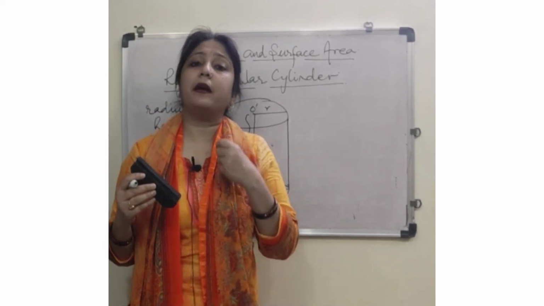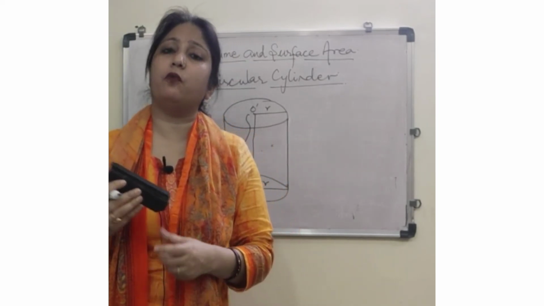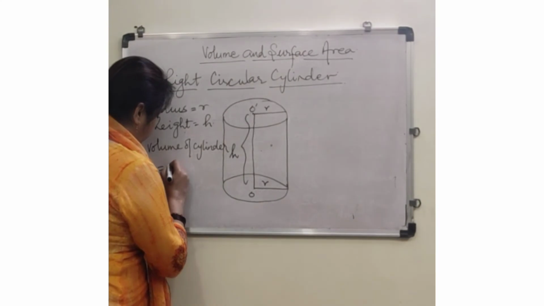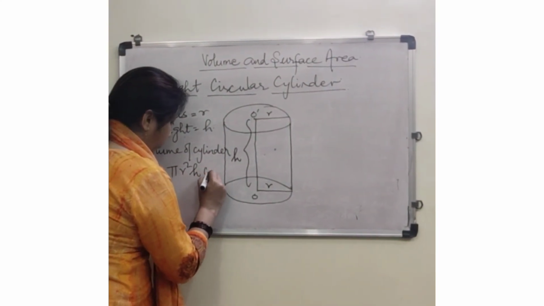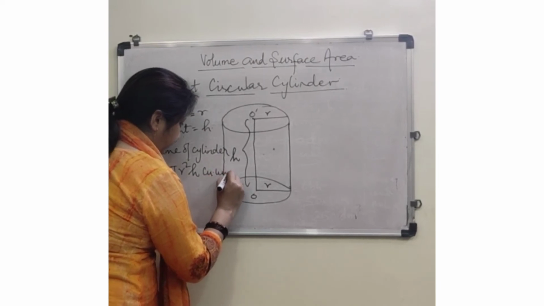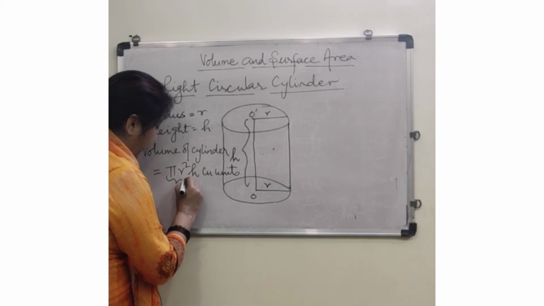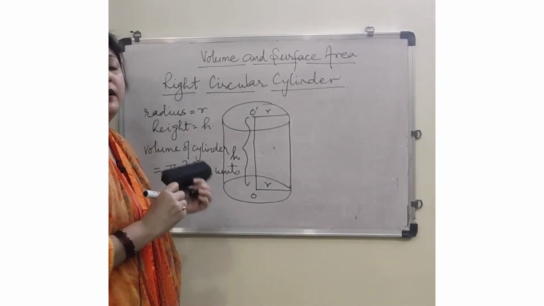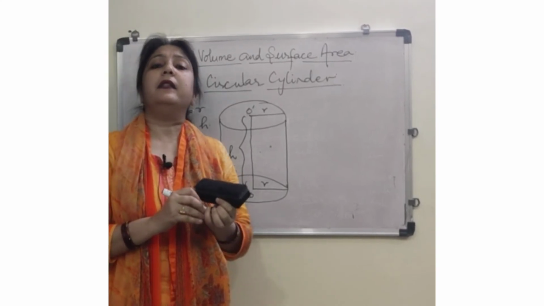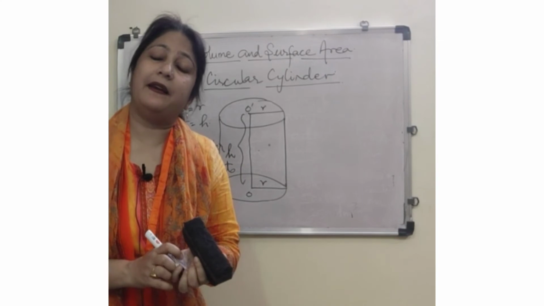That is pi r square, and area multiplied by height gives you volume. Same comes here, pi r square h cubic units. If you observe carefully, this is the area of the base multiplied by the height of the cylinder. This gives you the volume of the cylinder.